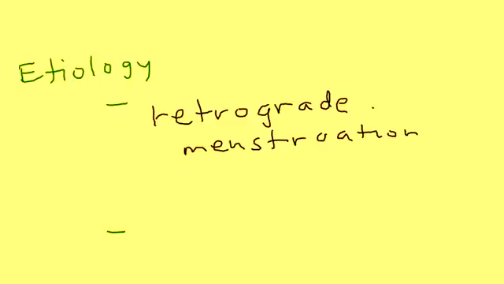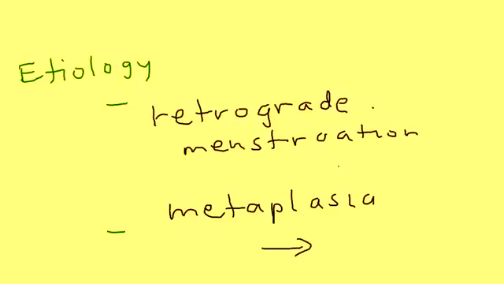The other accepted hypothesis is something called metaplasia, and most of you remember metaplasia as when a cell goes from one type to another.